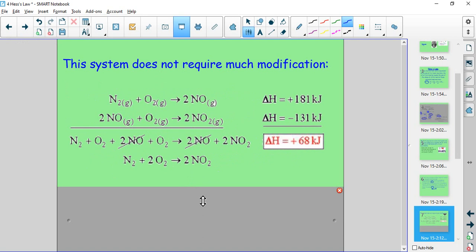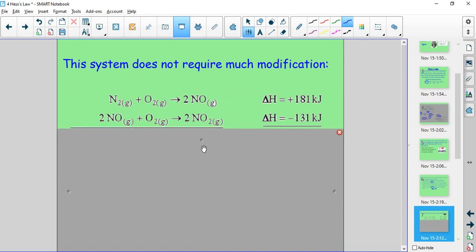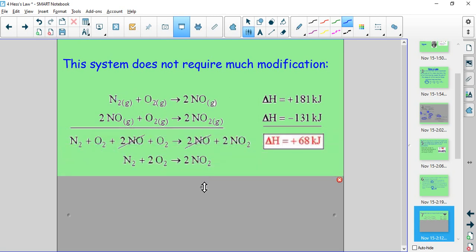The first one isn't a great one, it's just showing you the basic idea behind Hess's law. So these two reactions make up this final reaction. When we add them up, you'll notice that we cancel out all of the substances that appear as both reactants and products.